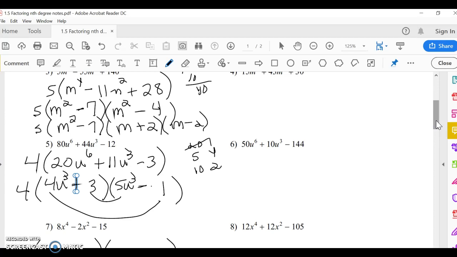And then I'm going to scroll this page down. It's going to show you the answers, but I want you to stop the video right now. The video will keep going, and it will actually show you the answers to the even problems. But what I want you to do is stop the video and go back and now try these in your notebook. Once you've tried them, go ahead and continue the video to see the answers. Good luck, guys.